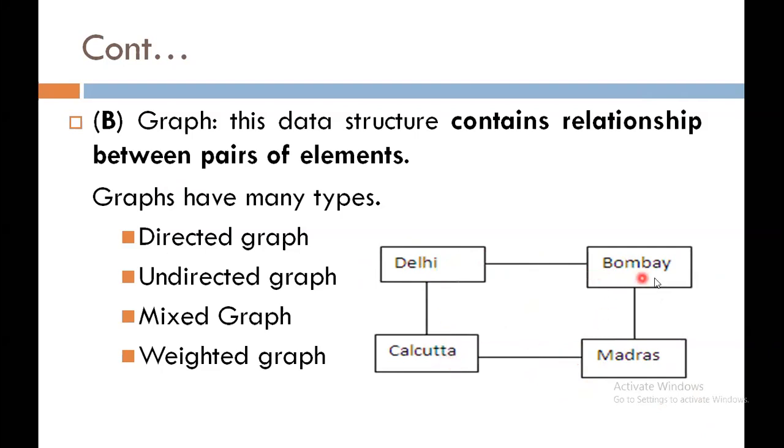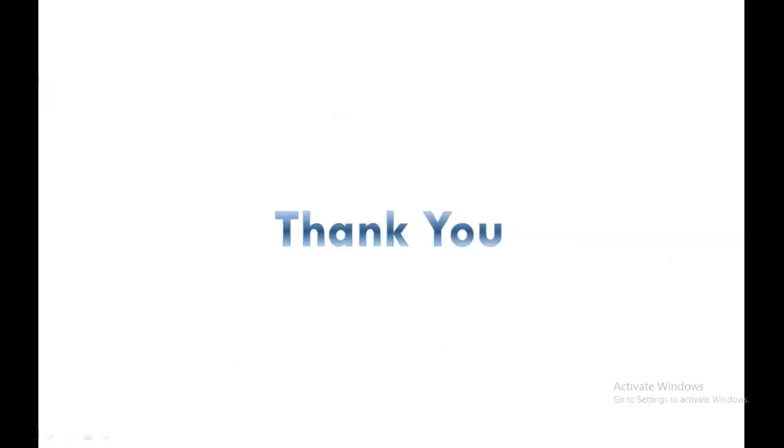In the same way, at a particular time, from Bombay, 2 flights are there, one for Delhi and second for Madras. Now, when we use this type of data structure to store data, then it is called a graph data structure. Thank you.